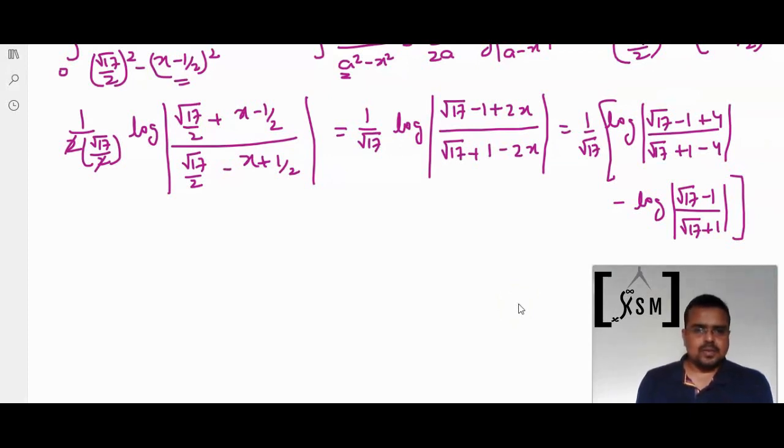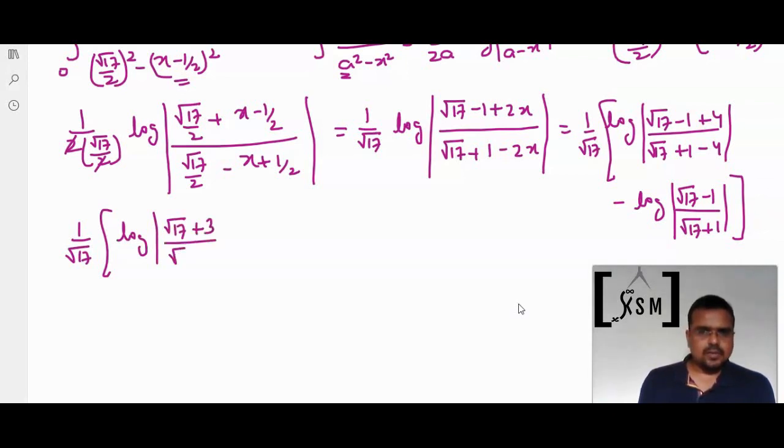Then we simplify more. We get 1 over root 17 and log of root 17 plus 3 over root 17 minus 3, and because this is minus, this part would go in division, so instead of division I am making the reciprocal, root 17 plus 1 over root 17 minus 1, right?